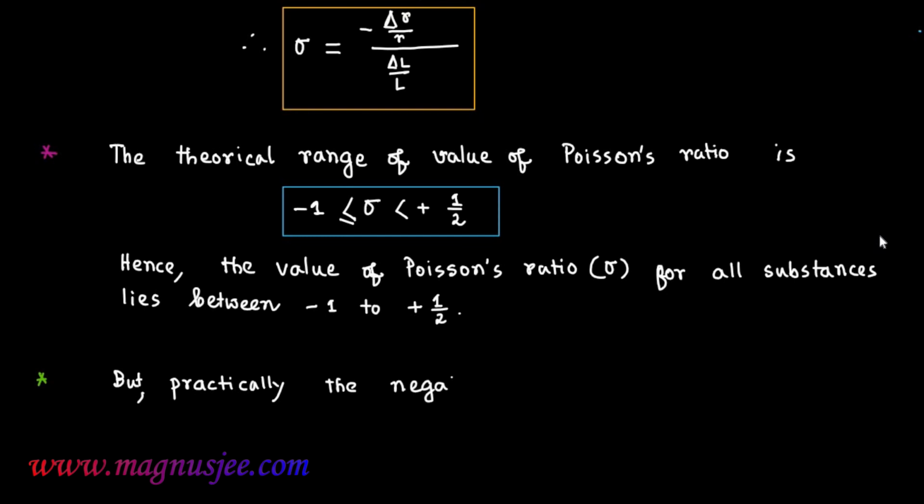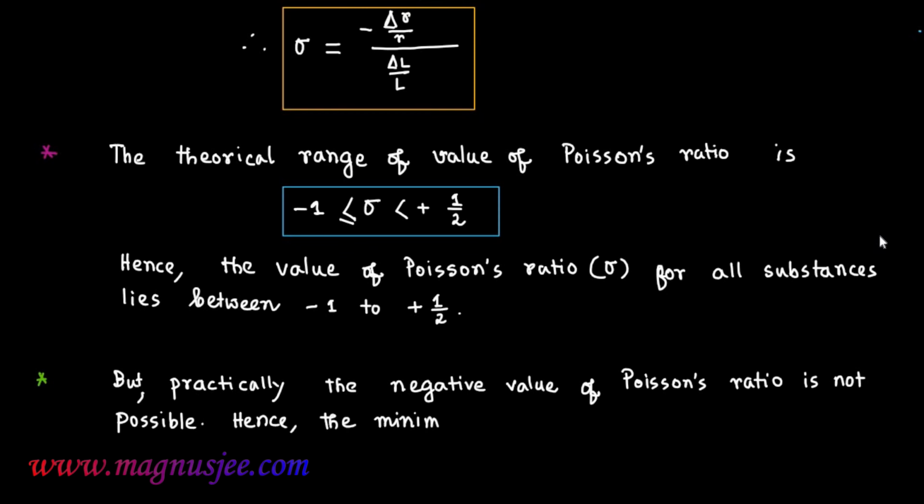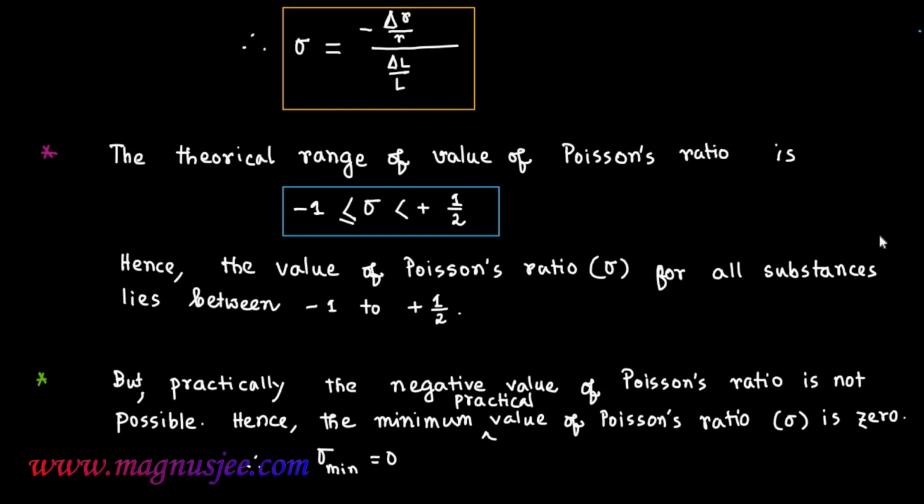but practically the negative value of Poisson's ratio is not possible. Hence, the minimum practical value of Poisson's ratio is 0.